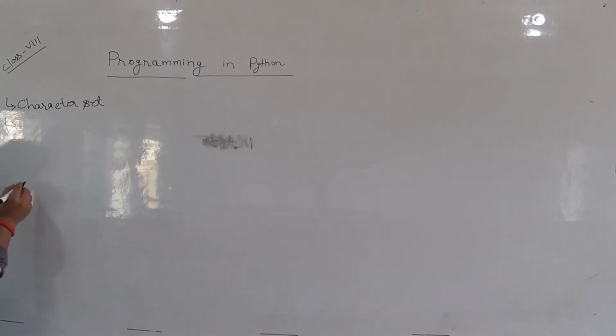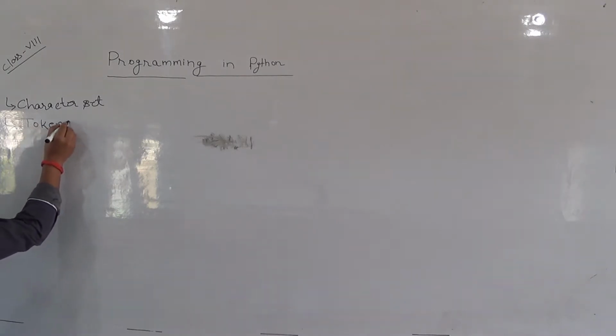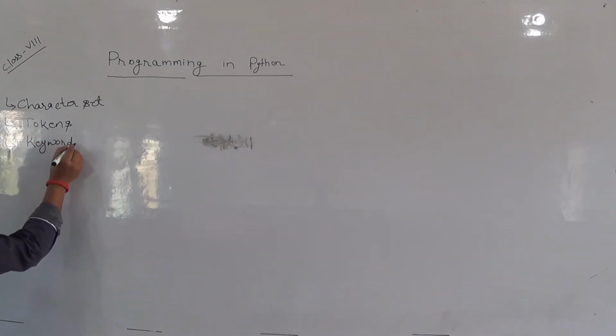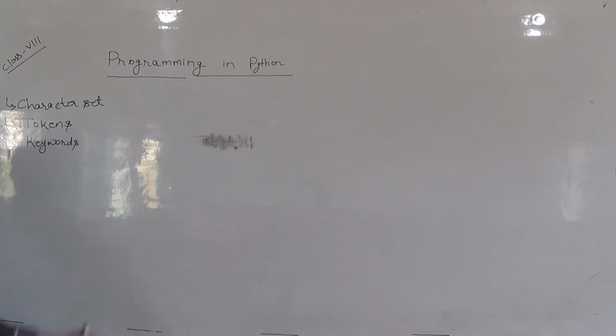Second topic is tokens, and third topic is keywords. So in this video, I will be describing these three topics.